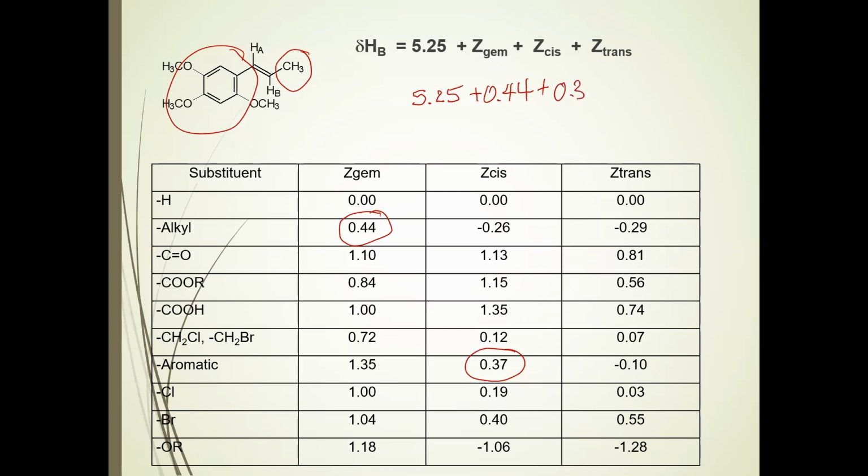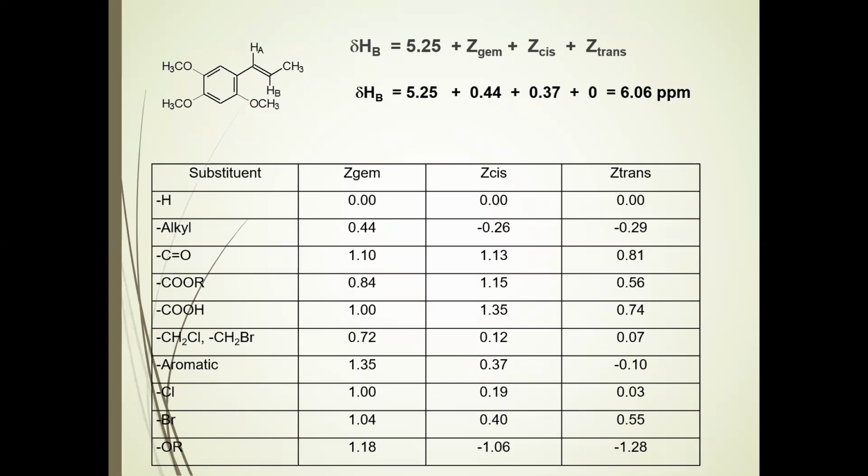So we would add 0.37. Trans is a hydrogen, so there's been no change, so we get 0. And again, you could go to the table and see that trans is going to be 0 because, of course, that was the reference compound. And we add those up, and we would get that we would expect the chemical shift for hydrogen B for this trans compound to be around 6.06.